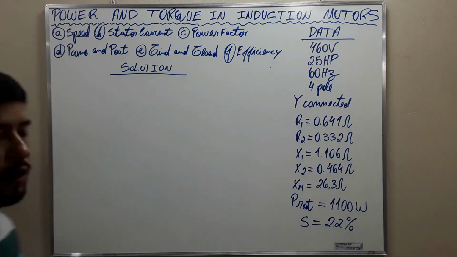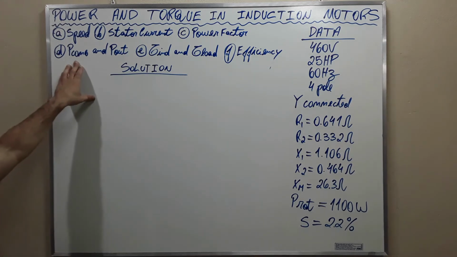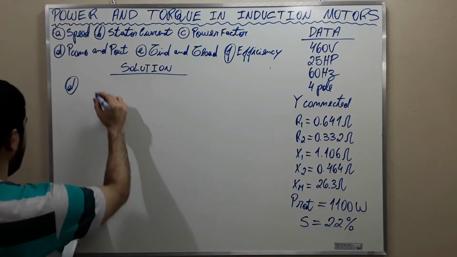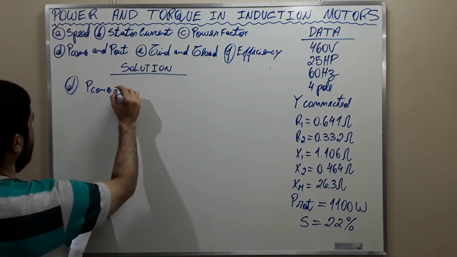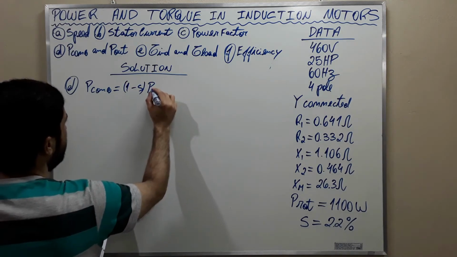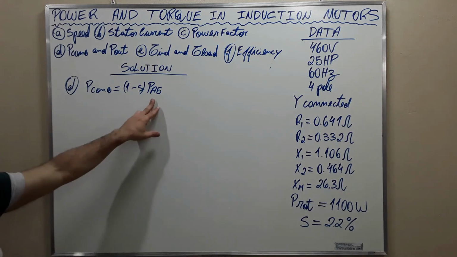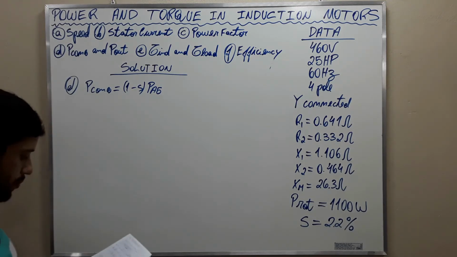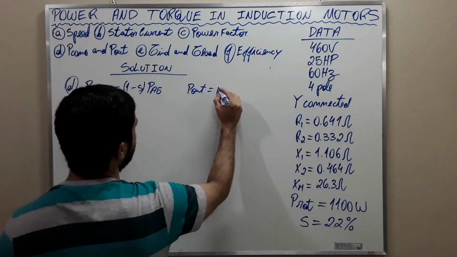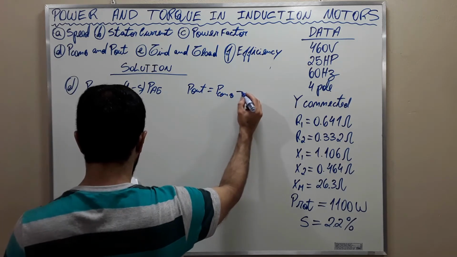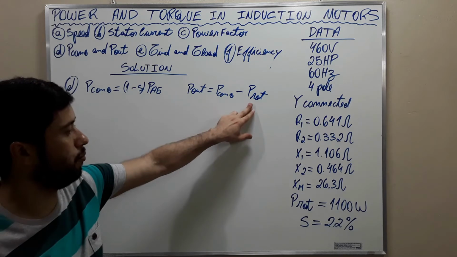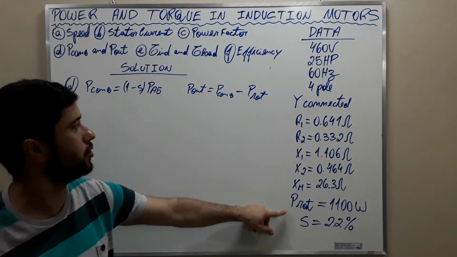The expressions that we are going to use to calculate the Pconv and Pout are: Pconv is equal to (1 minus S) times PAG, which is the air gap power, and Pout is equal to Pconv minus Prot. These Prot are the rotational losses.